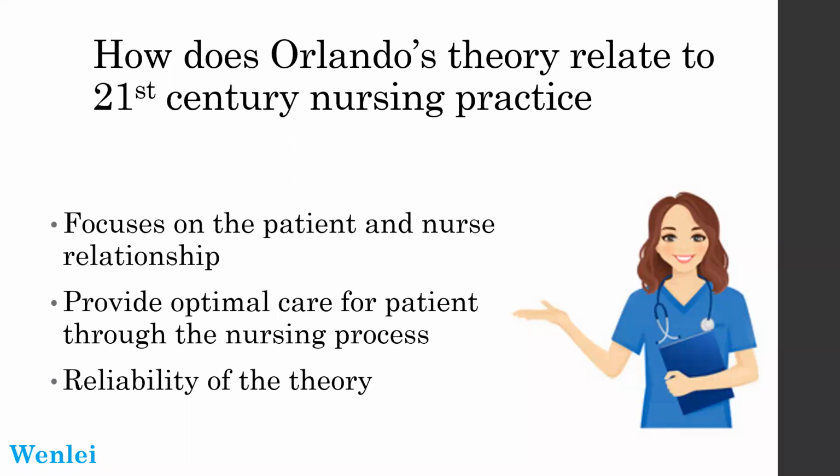Orlando's nursing theory can be applied in the 21st century because it focuses on the patient and the nurse relationship and how the nurse can provide optimal care for their patient through the nursing process, which includes assessment, diagnosis, planning, implementation, and evaluation. The reliability of this theory helps other professional staff members to make decisions based upon assessment to move ahead with diagnosis and management steps.